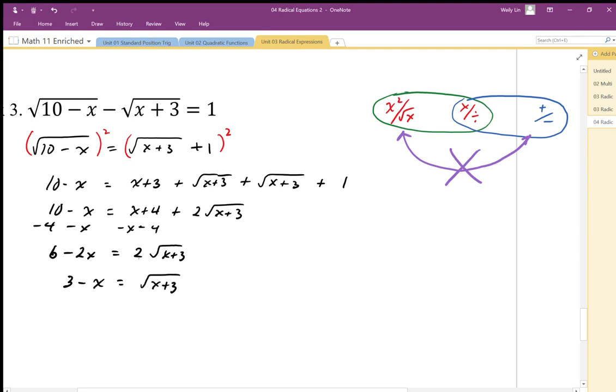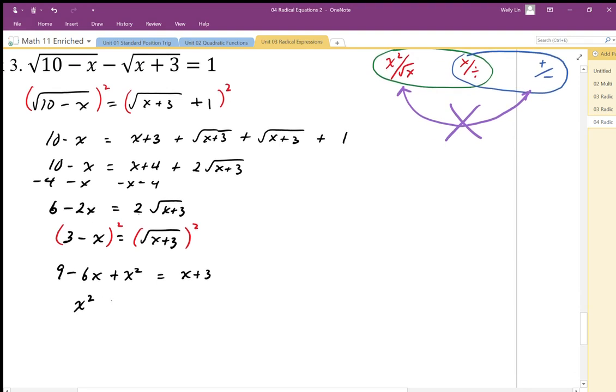And then I get rid of this square root. So I've had to get rid of 2 square roots. Then I'm going to FOIL this out. First, outside, inside, last gives me negative 3x, negative 3x, so that makes my negative 6x. And on this side now, we just have x plus 3.